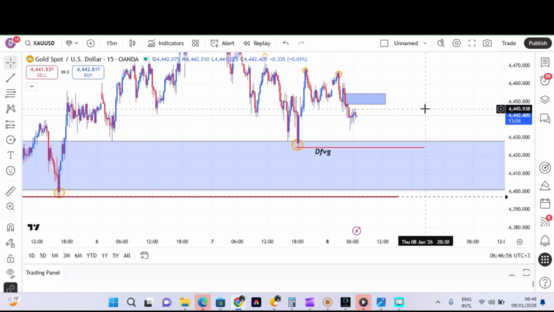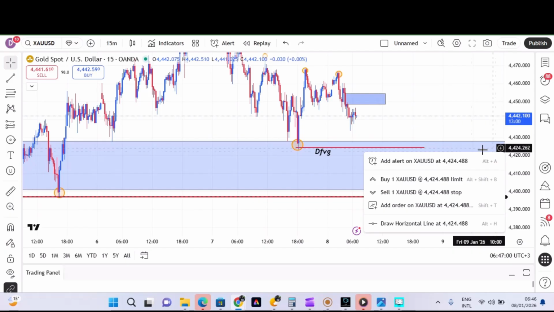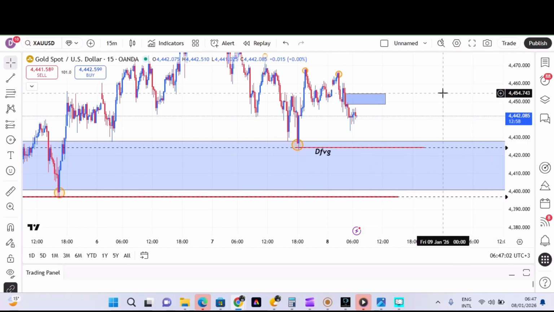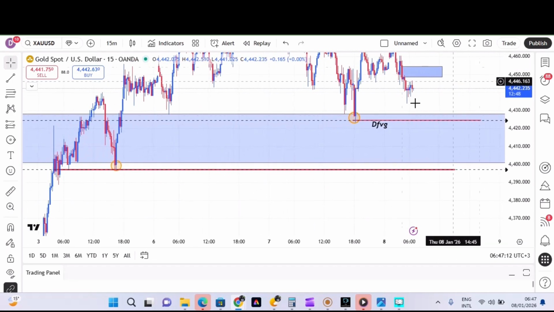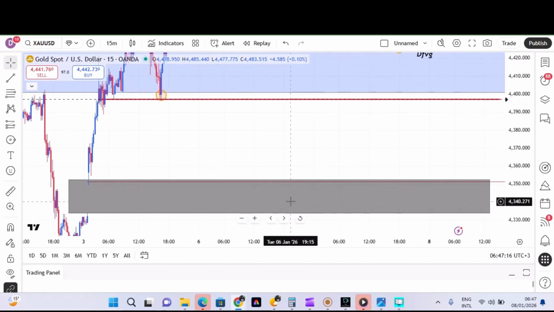And then I put an alert here. 44.24, there's liquidity. 43.97, there is liquidity. Then the market opening gap, this one here.